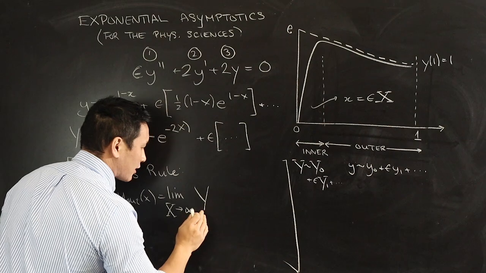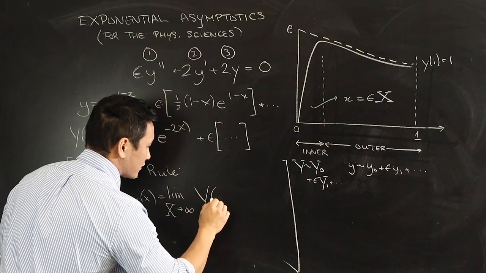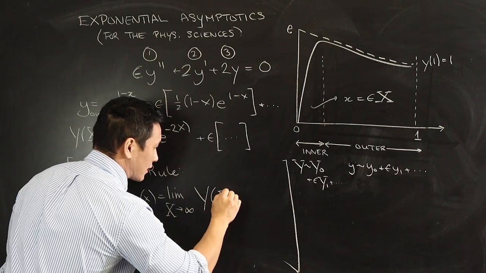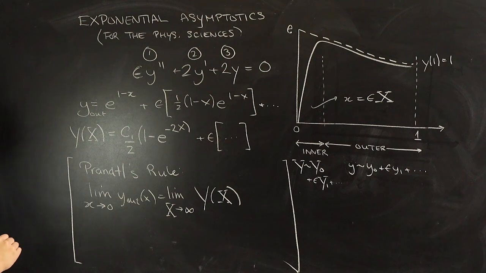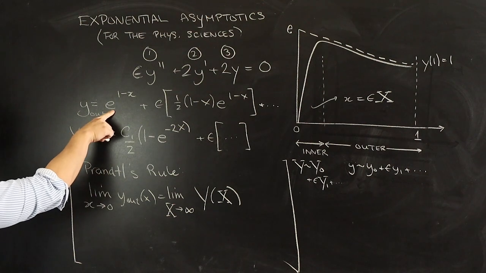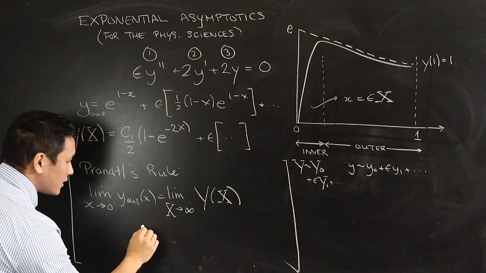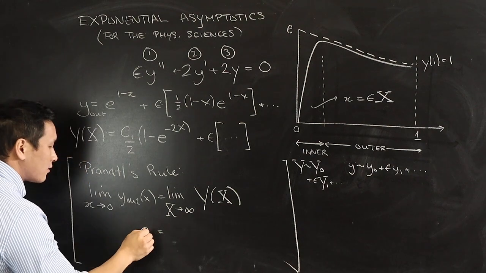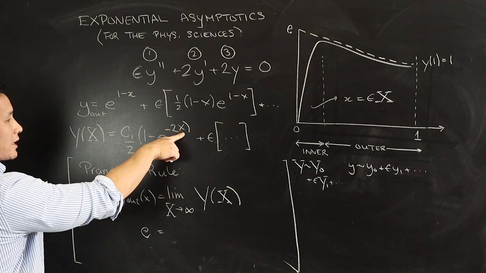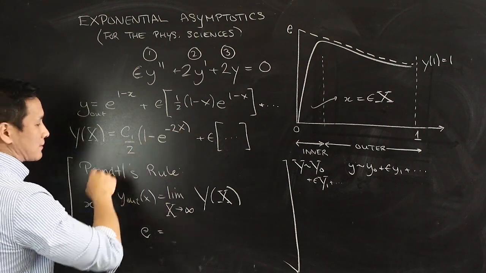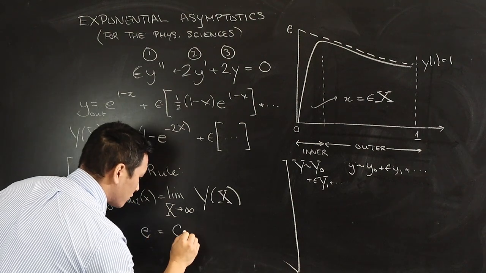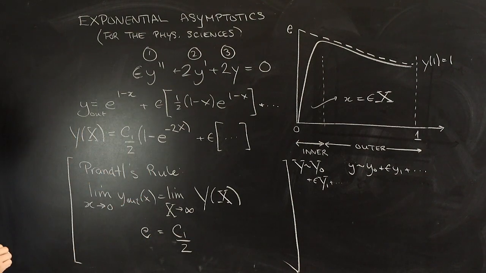So let me call that y in. Well, in this case, I've just written it as big X. That's my inner solution. And so you notice that as little x goes to 0, this approaches e. And as big X goes to infinity, this is exponentially small, and you just have c1 over 2. So that tells you that c1 is 2 times e.